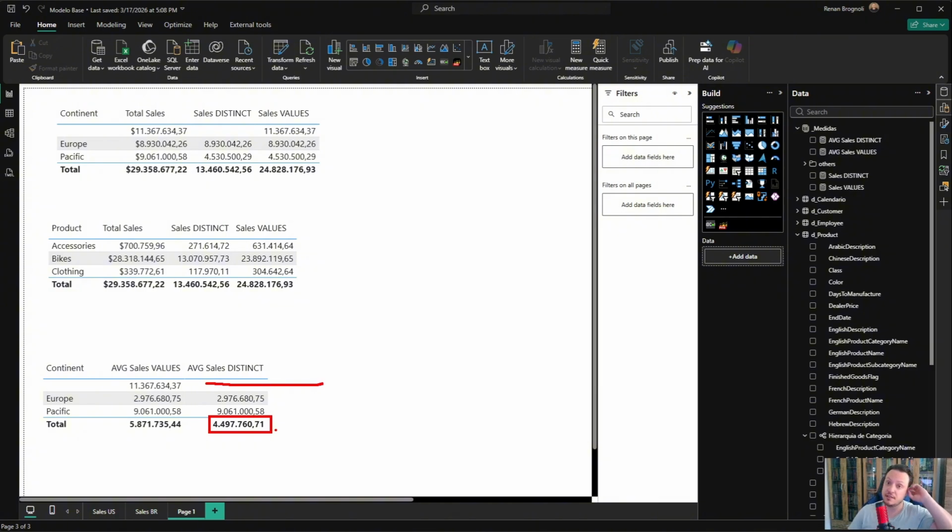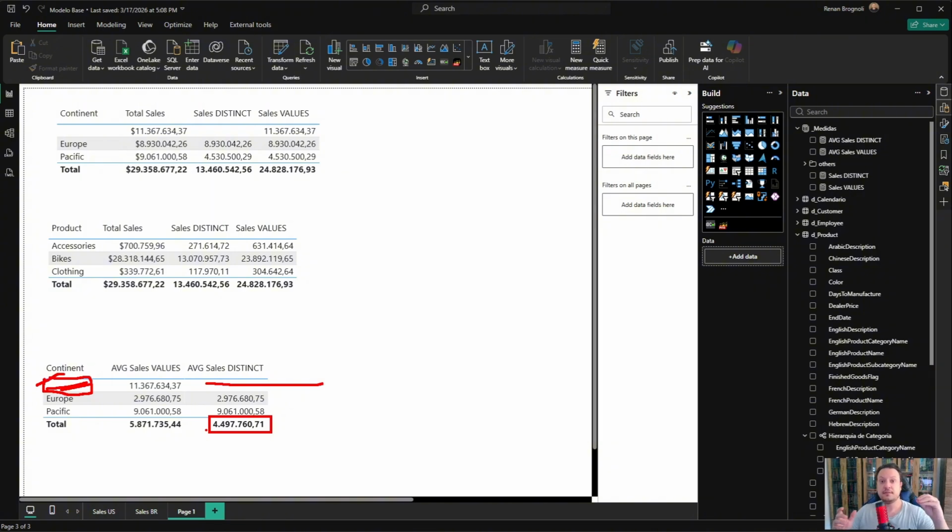We cannot consider a row that has multiple countries grouped together, because this will mask the number. So in this specific case, it makes sense to use distinct, because we don't want to show the blanks. We only want the ones that we are 100% sure have a match in our relationship. So the average of the countries is 4 million.